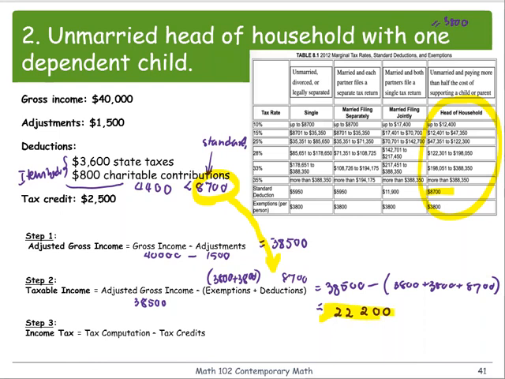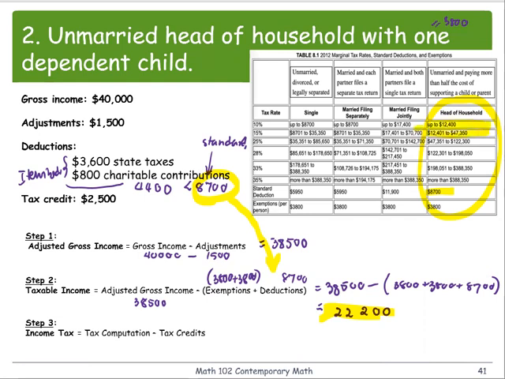Next, we're gonna have to look at the table for the column of the head of household. The taxable income is 22,200. That drops into the category, the second row.